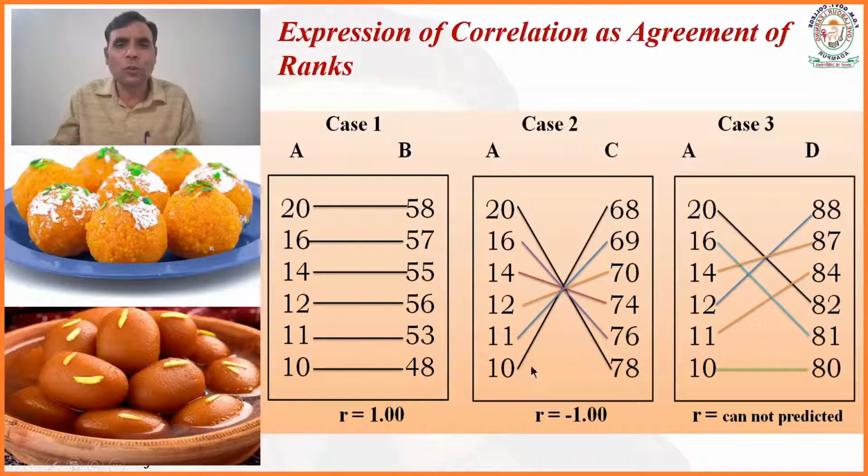In case 2, if the lowest number of this data set associates with the highest of the other data set, this is the perfect r equals minus 1 correlation. I am talking about the product moment method here. And if the association between the two data sets is in this fashion, then it cannot be predicted. It has to be calculated using the formula. That is the product moment method.